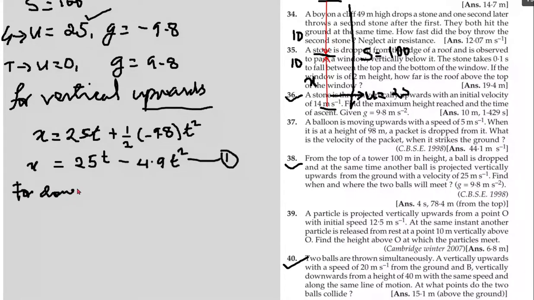For the downward motion, the distance is 100 minus x.